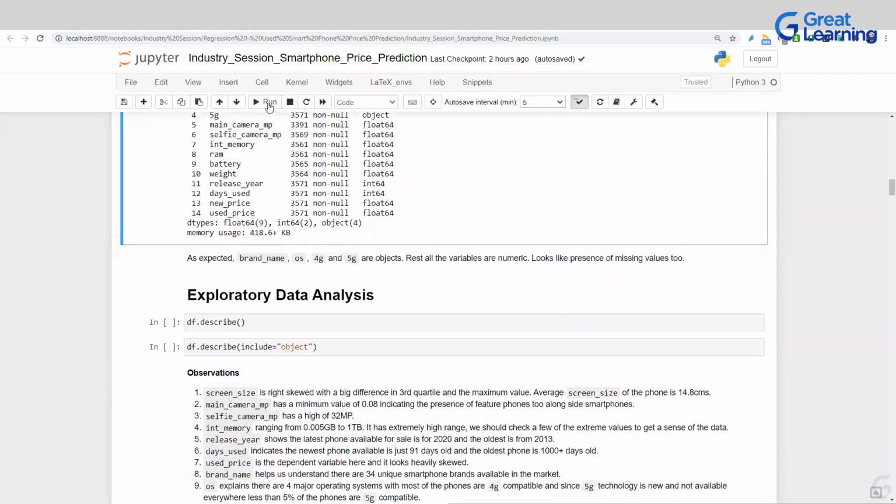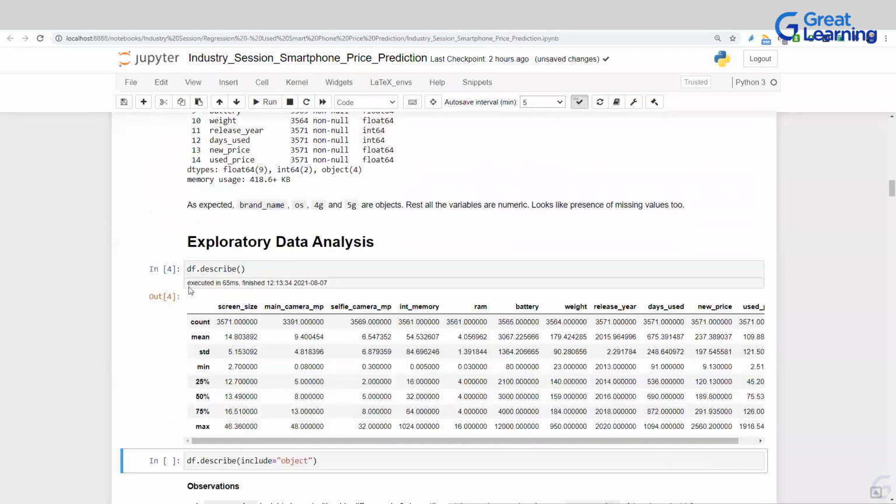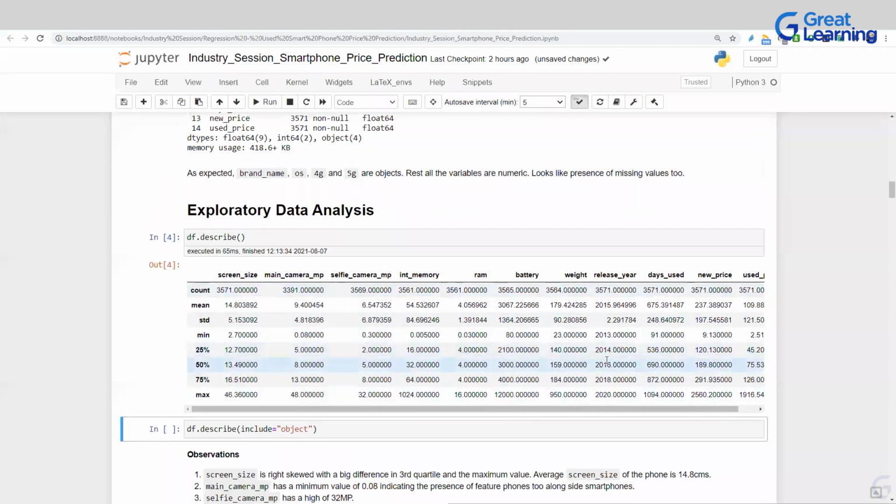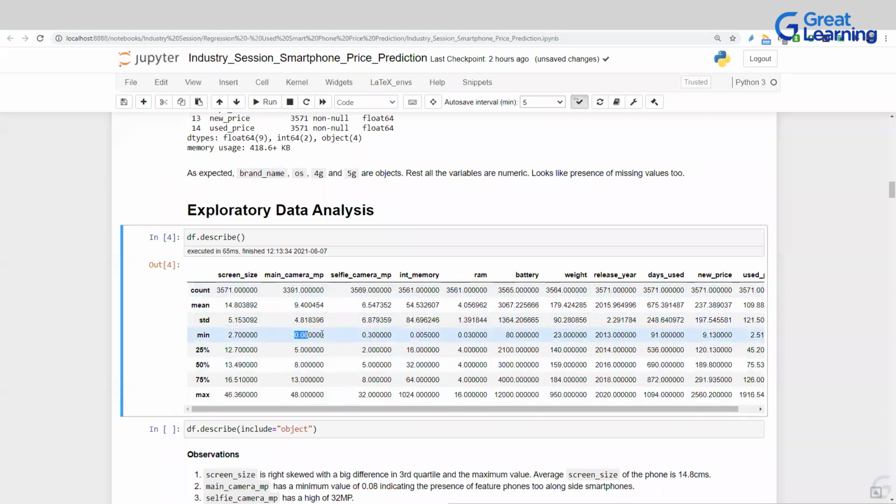If you look at the number summary, for the numeric variables, let's suppose for some of the important aspects of a phone, like the resolution of the main camera, we have a minimum of 0.08 megapixel and a maximum of 48 megapixel. So it clearly shows there are some phones here that are feature phones, not really smartphones, right?